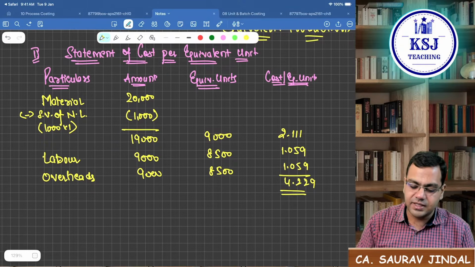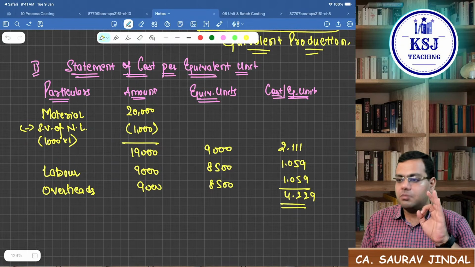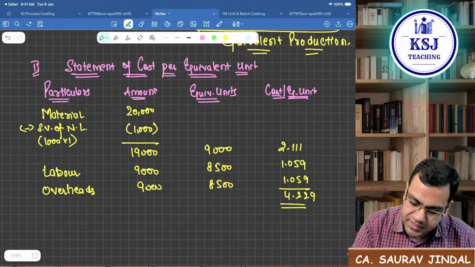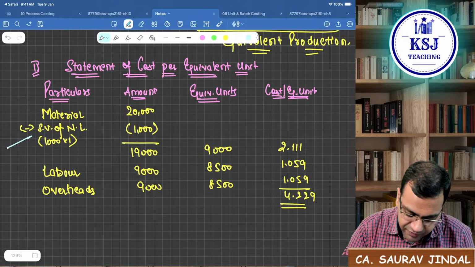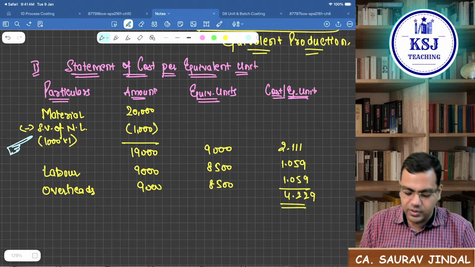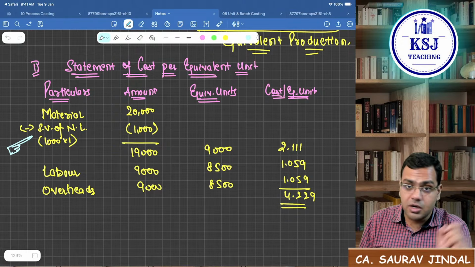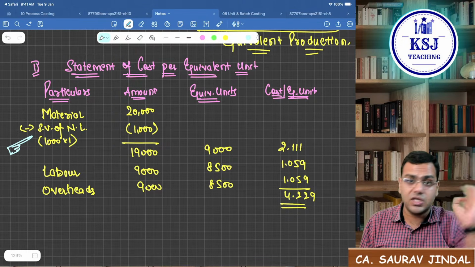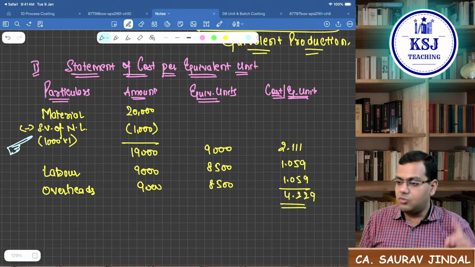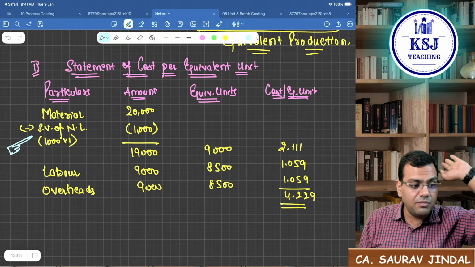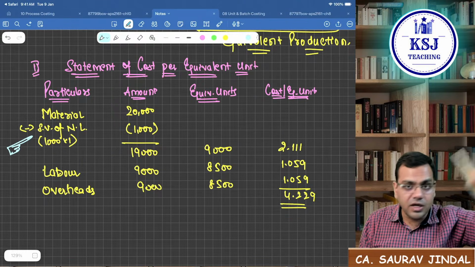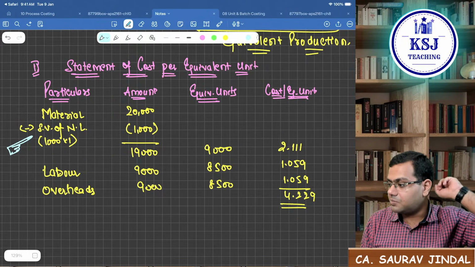So this is the total cost. This is the second thing, that is statement of cost per equivalent unit. Please be very careful with the scrap value part, that here you have to take only and only the scrap value of the normal loss. Abnormal loss, abnormal gain, any scrap value you will not take here. Abnormal loss scrap value, you will take it in the abnormal loss account. Absolutely not here.